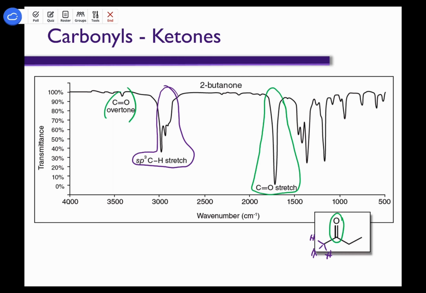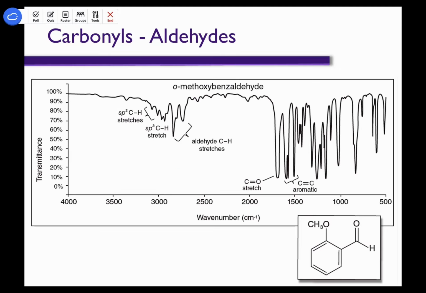Okay, so this one is a ketone with that bold carbonyl peak. Now we can also find this in an aldehyde. I'm going to go back to a bold color. Again, around 1700 wave numbers, we can see that characteristic carbon-oxygen double bond happening.